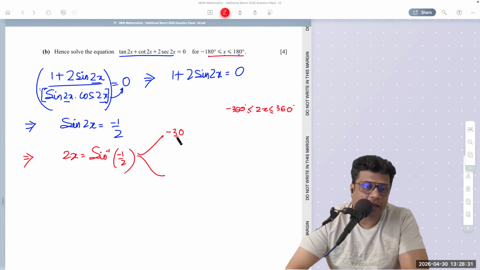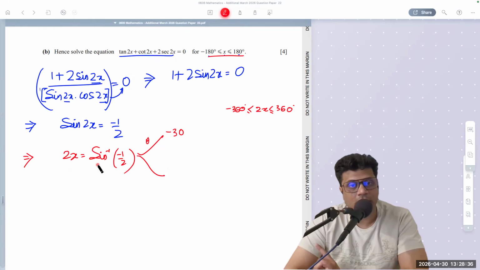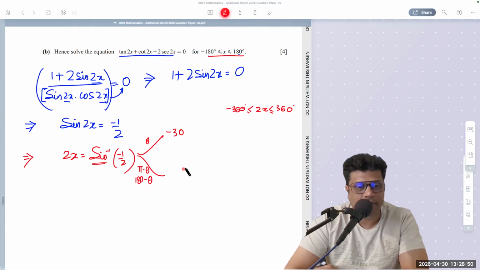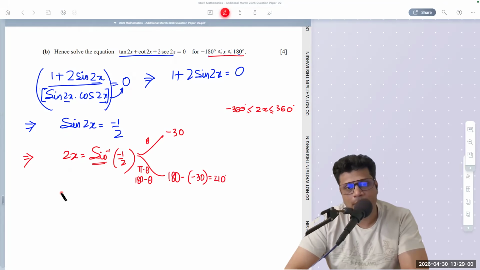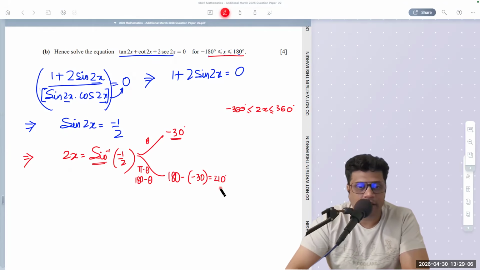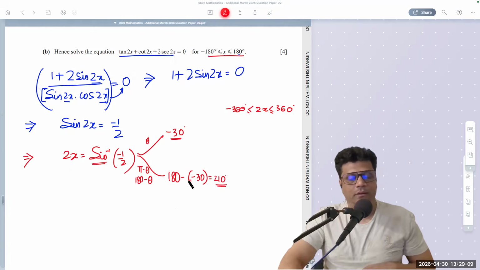If you get a negative 30 as the primary angle from the calci, the other angle when it comes to sine inverse will always be pi minus what you got there, or a 180 minus what you got there. In this case, 180 minus a minus 30 comes out to be 210. Okay. So as of now, I have got two answers, negative 30 and 210. Okay.